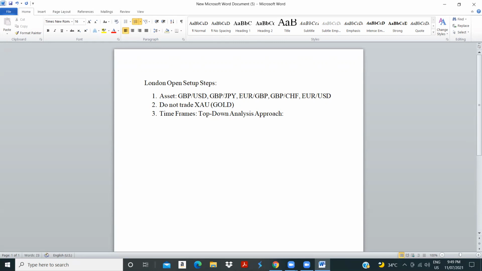So the approach is 15 minutes to 5 minutes, and the entry time frame would be 3 minutes.